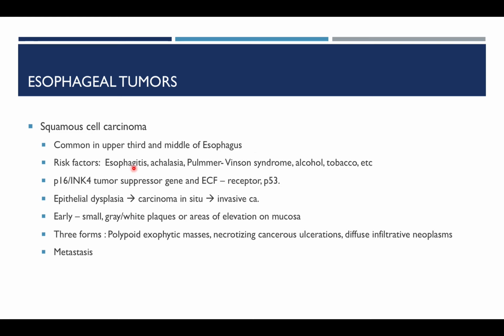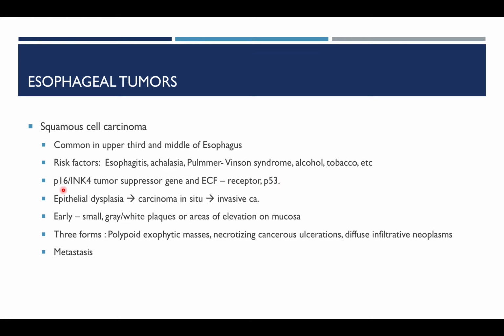Some risk factors for squamous cell carcinoma are esophagitis, achalasia, Plummer-Vinson syndrome, alcohol, tobacco. Along with these risk factors, there can also be genetic involvement, like mutations with P16 and INK4 or P53, which are the more important ones.